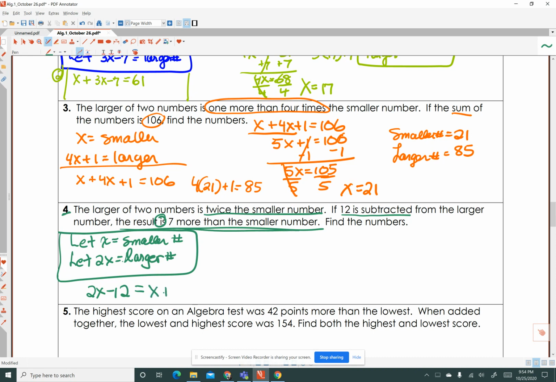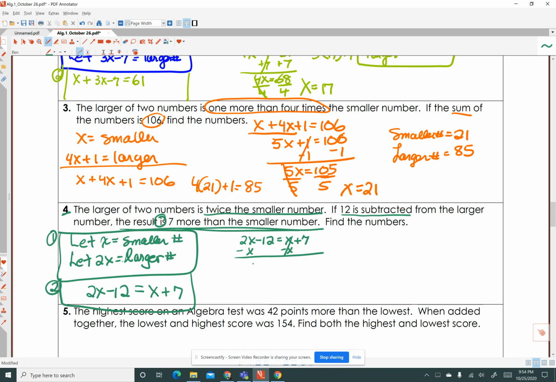The smaller number is x plus 7, and that's our equation box. So here's our setup, our x box, here's our equation box. So let's solve. 2x minus 12 equals x plus 7. I'm going to subtract x from both sides.